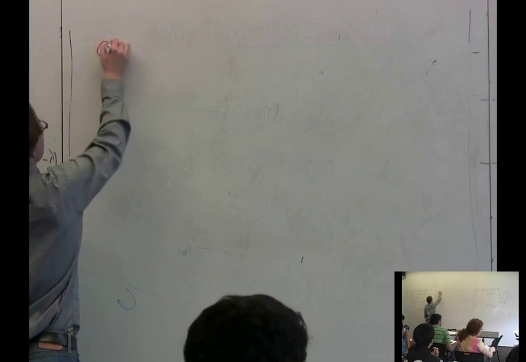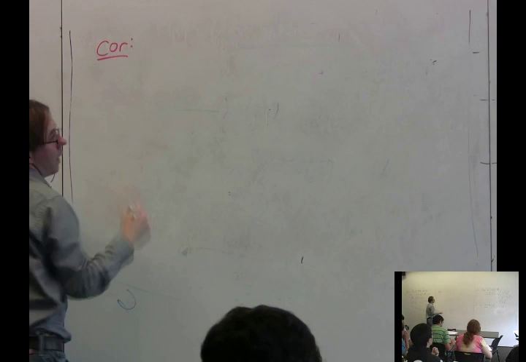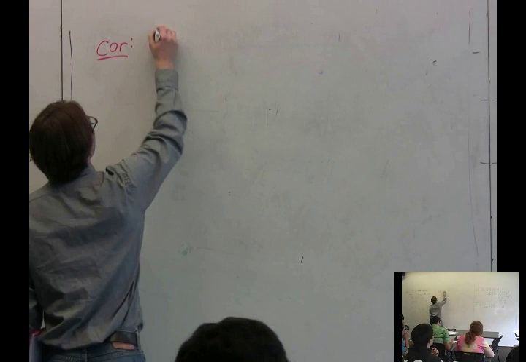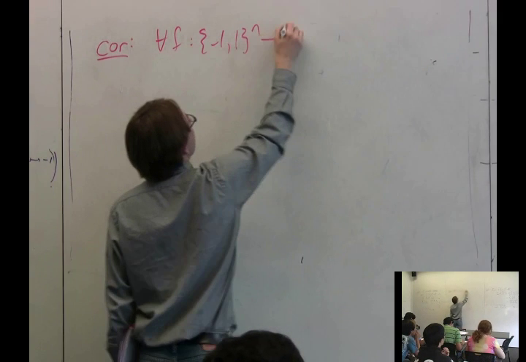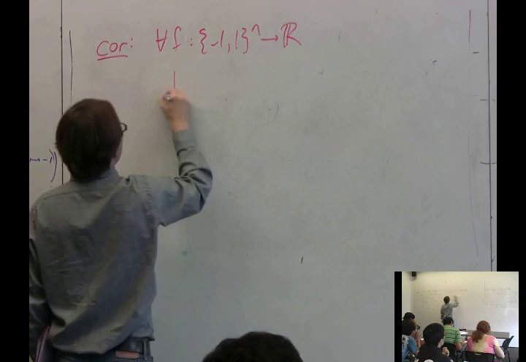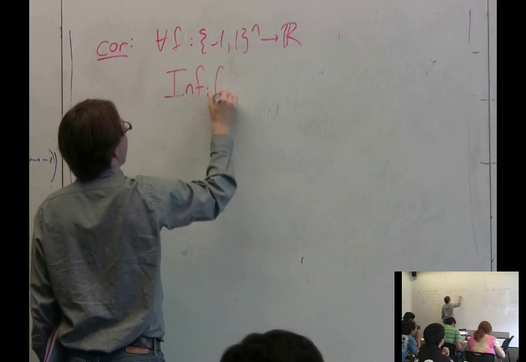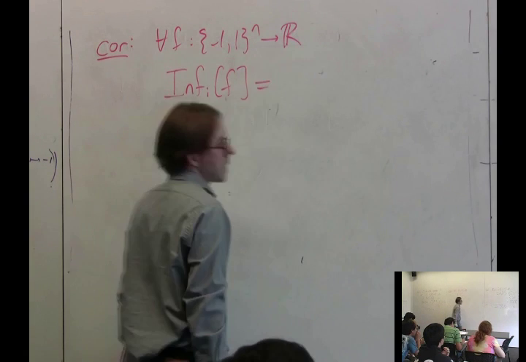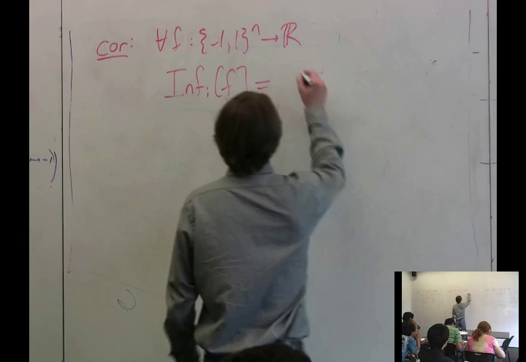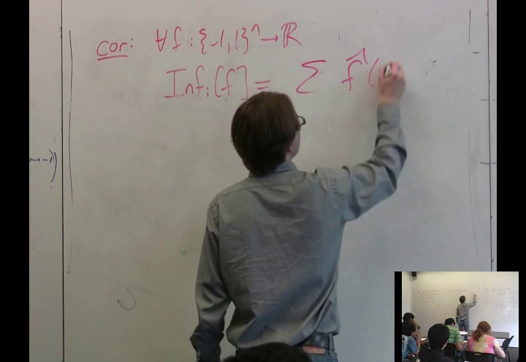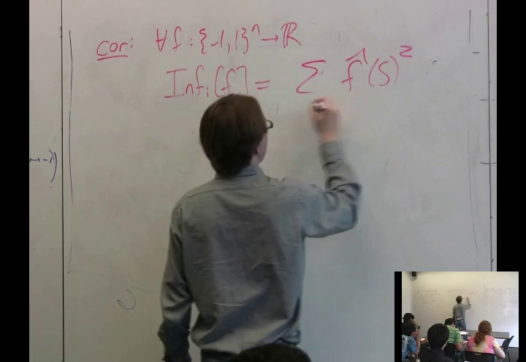So as an immediate corollary, for any function f, even into the reals, the influence of the ith coordinate on f is equal to the sum of the squares of the Fourier coefficients in this expansion. So it's just the sum of the squares of all the Fourier coefficients on sets that contain i.